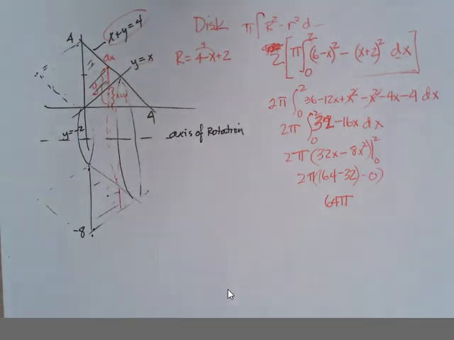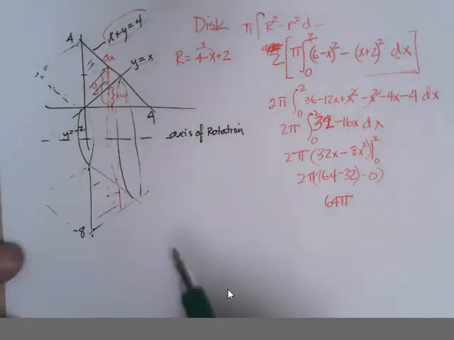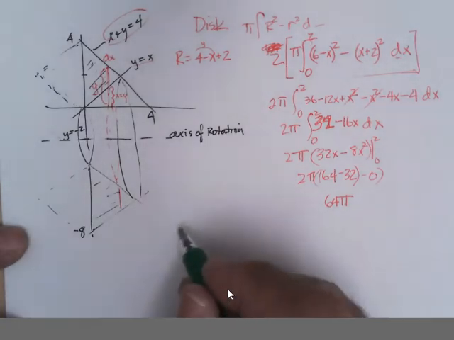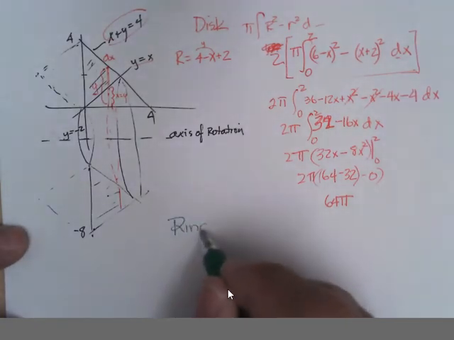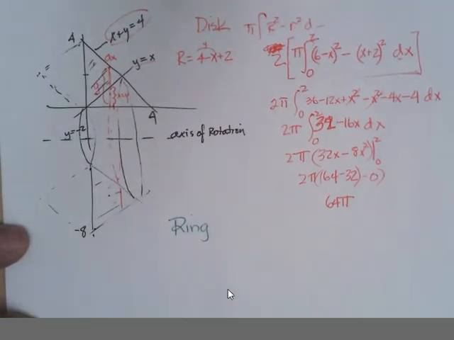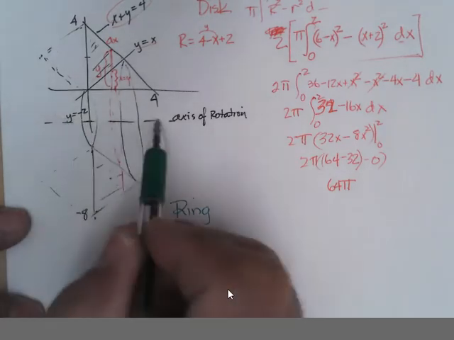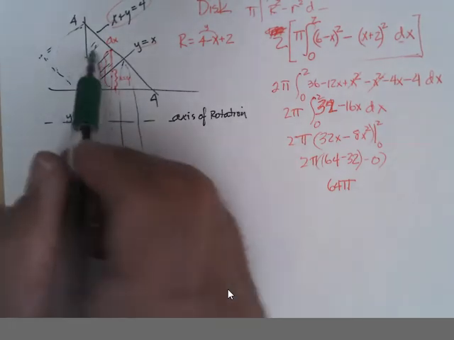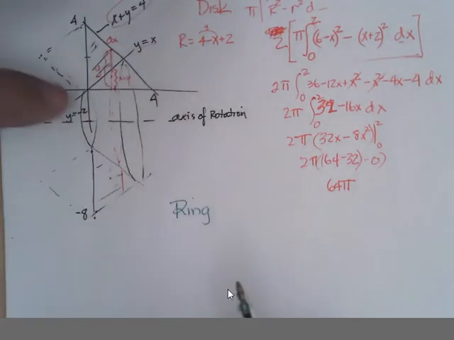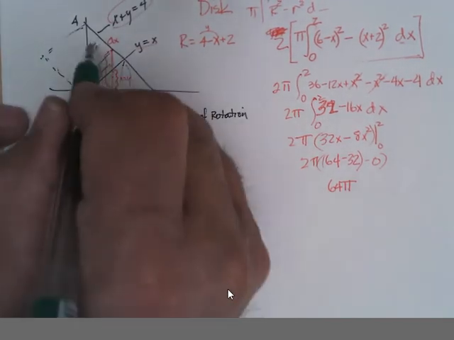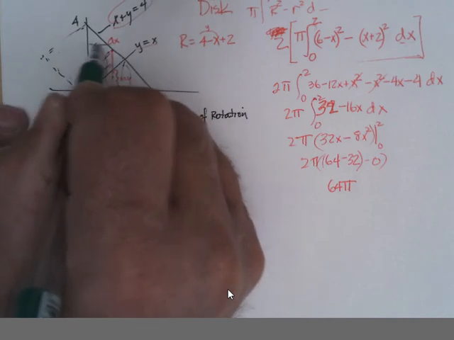Now I'm going to do it with the ring method. On the ring method, the slice has to be parallel to the axis because we want pipes centered around there. So I'm going to make a slice here.